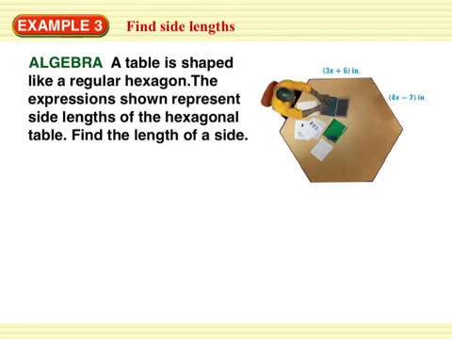Example 3. Find the side lengths. A table is shaped like a regular hexagon, so all the sides are the same. The expressions shown represent side lengths of the hexagonal table. Find the length of a side. Okay? It's regular, so you know all sides are equal.